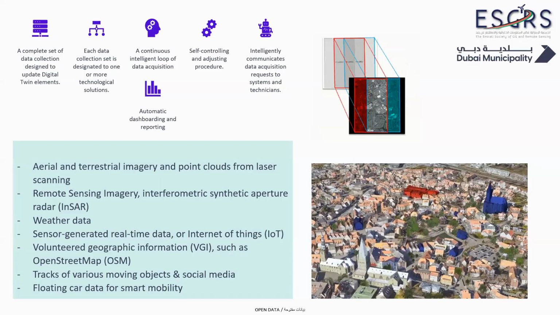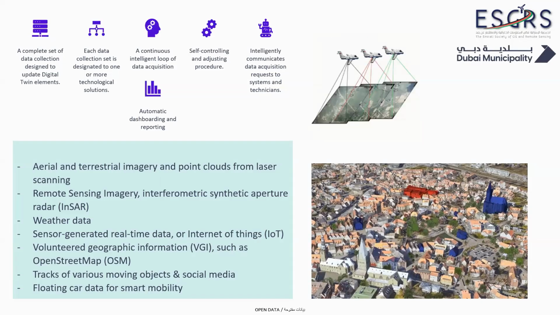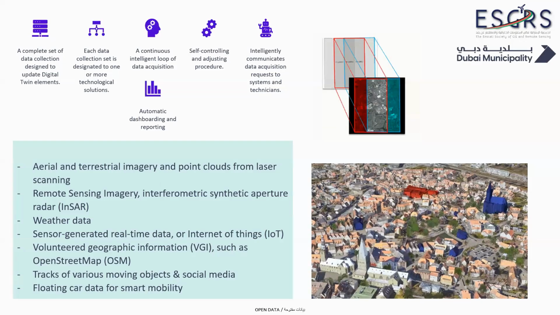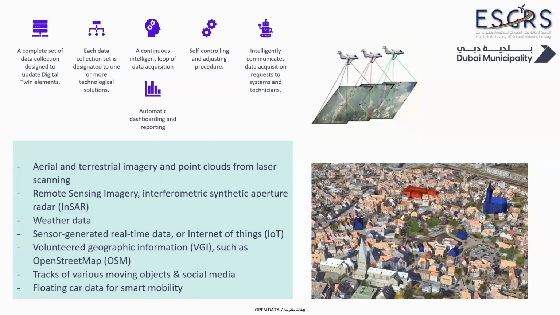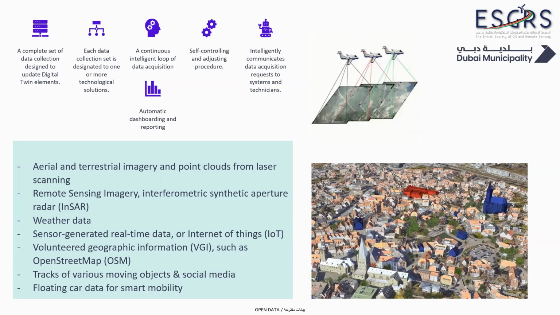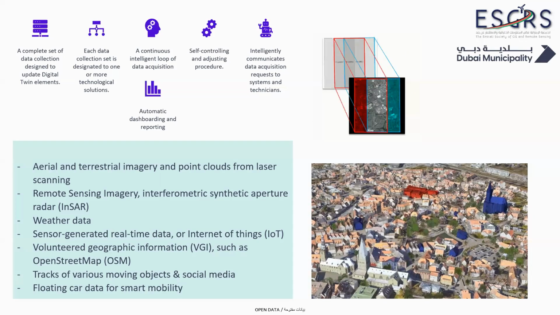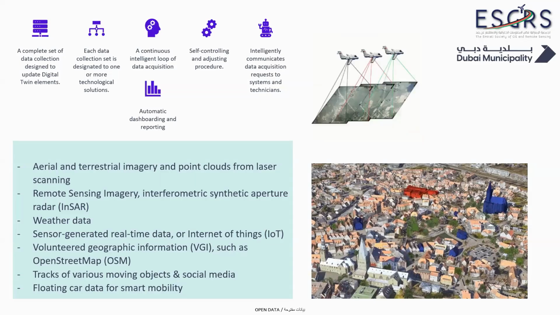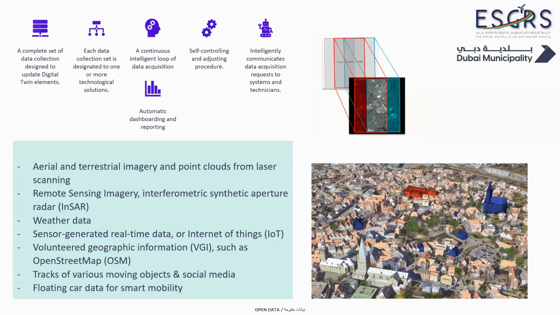Automatic dashboarding, we mentioned this. Self-controlling and adjusting procedure, intelligently communicated. Okay, we mentioned it. Aerial and terrestrial integrity and point clouds from laser scanning. These are examples. Remote sensing imagery, interferometric synthetic aperture radar, InSAR, for weather data, sensor generation.